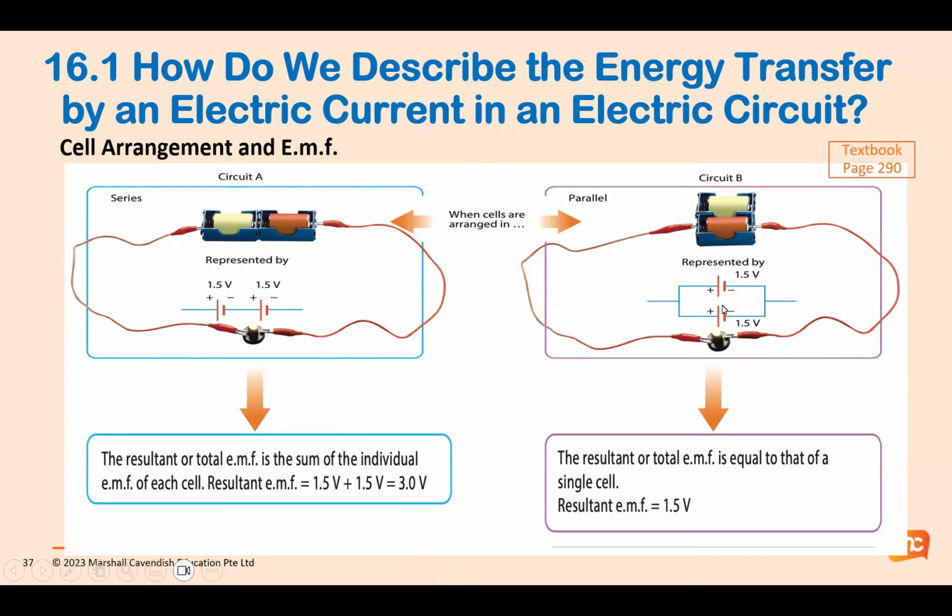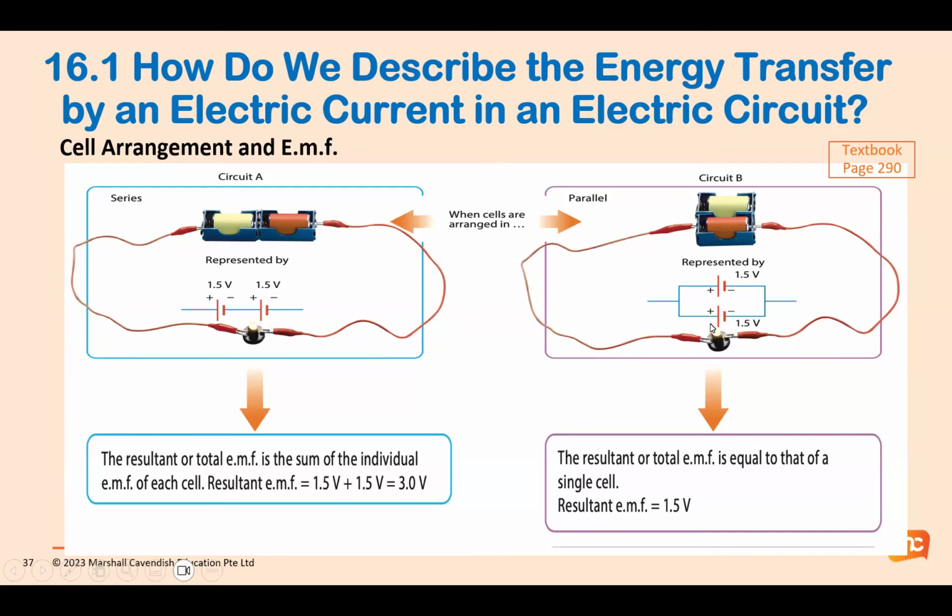But if I put it in parallel, what happens is when charges come over here, my charge will split. Some charge will go to the top and some charge will go to the bottom. Okay, but each charge will only pass through one battery. So each charge will only gain 1.5 joules of energy.